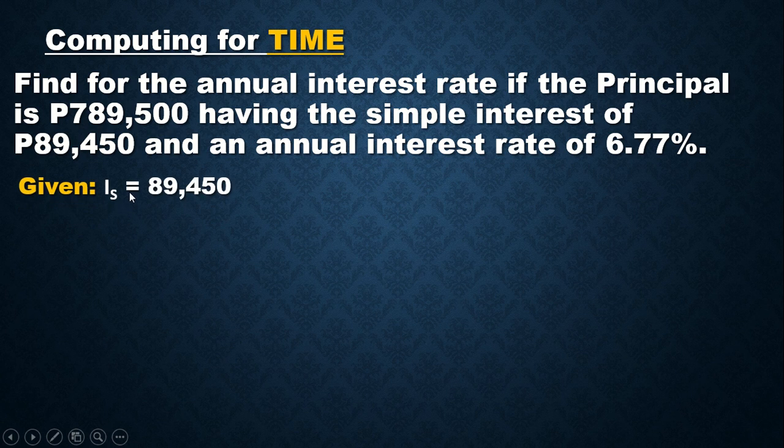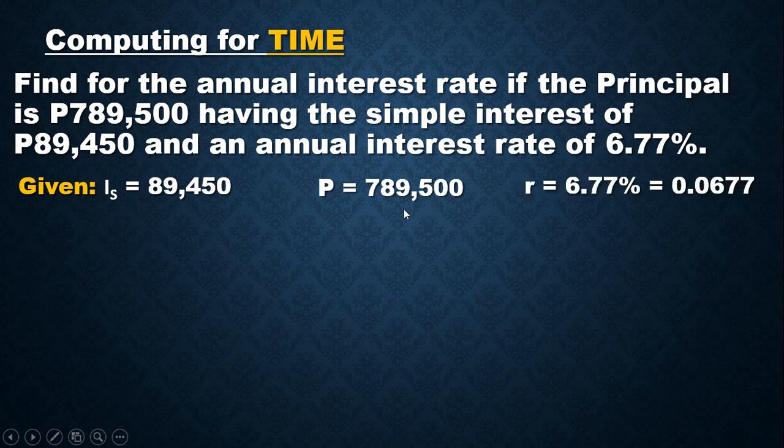Given, simple interest is equal to 89,450. The principal is equal to 789,500. And the rate is equal to 6.77%. Again, dapat po ito dinidivide sa 100, kaya naging 0.0677.